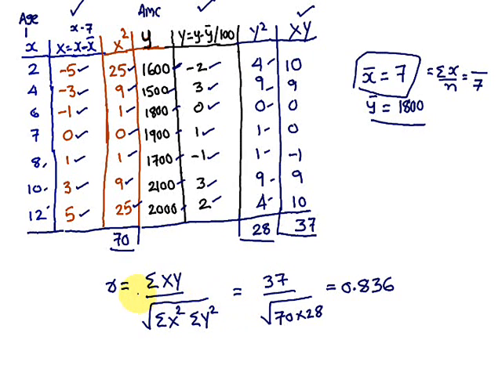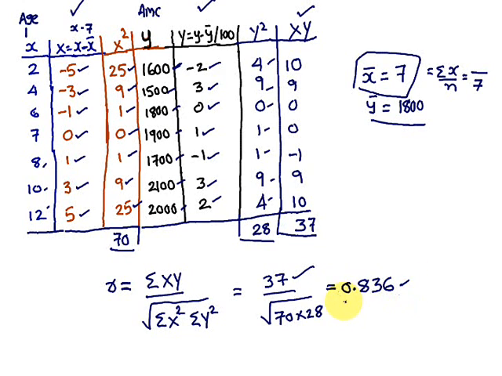The formula for the correlation coefficient is R equals sigma x into y divided by root of sigma x square into sigma y square. That is 37 by root of 70 into 28. If you do that, you are going to get 0.836.